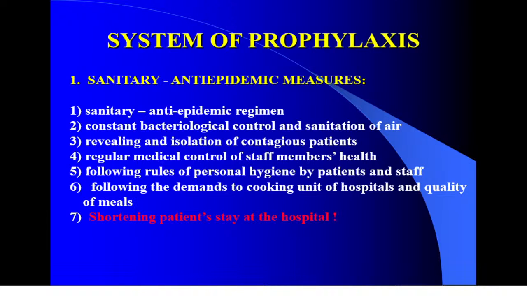System of prophylaxis. Prophylaxis of nosocomial infections includes some groups of measures. And the first of these groups is sanitary anti-epidemic measures. What do sanitary anti-epidemic measures mean?